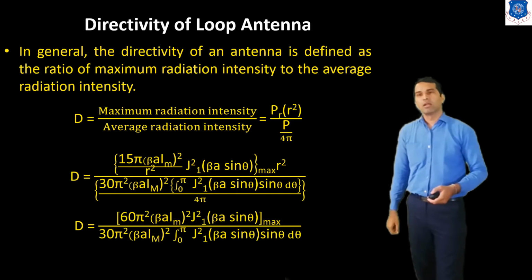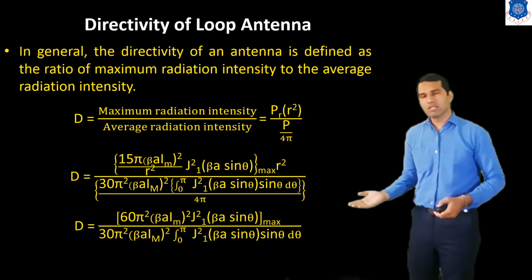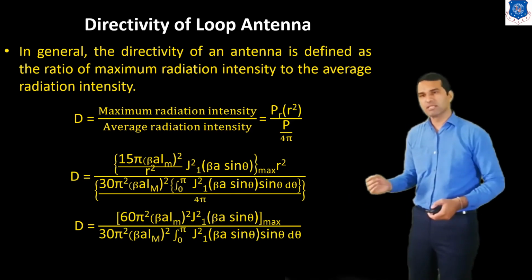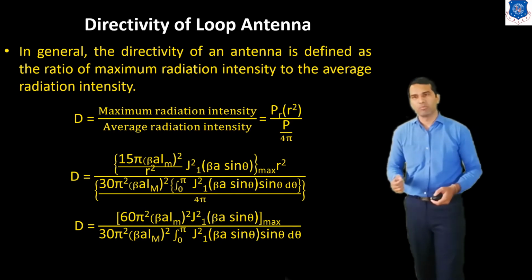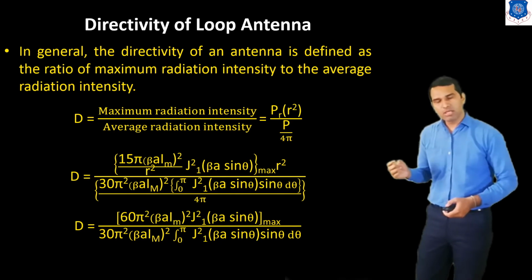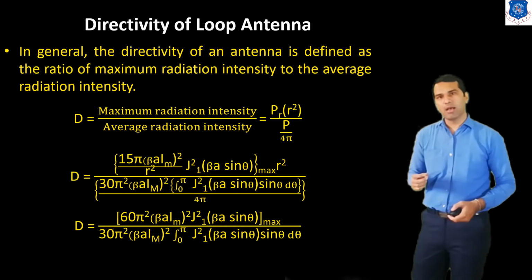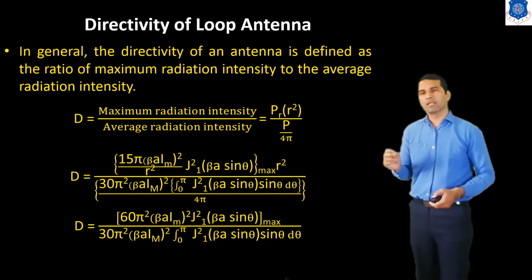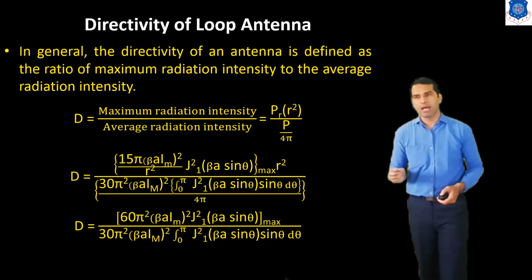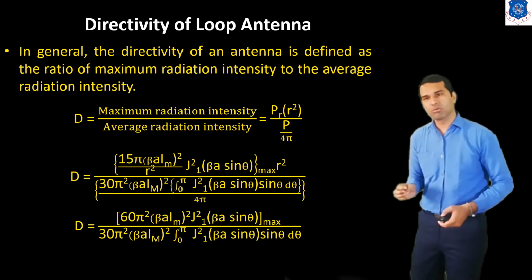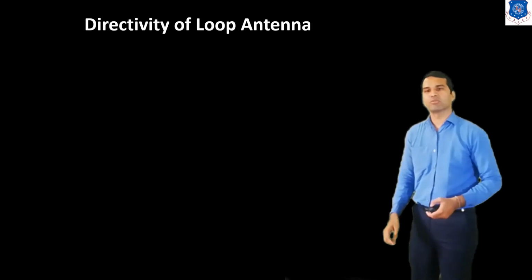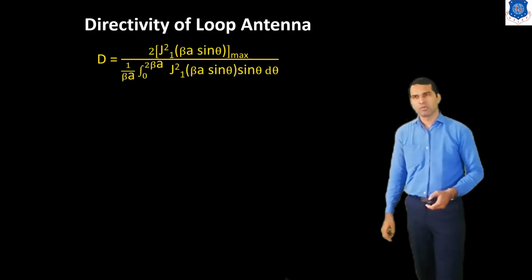When we solve this, we can write D is equal to 60 pi square beta a Im J1 square of beta a sin theta maximum over 30 pi square beta a Im square, integral from 0 to pi of J1 square of beta a sin theta into sin theta d theta.